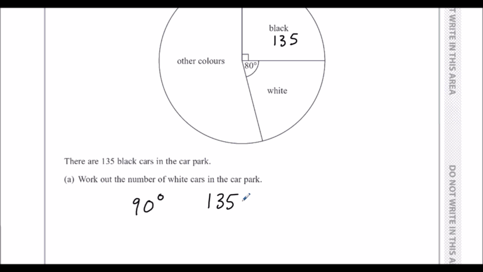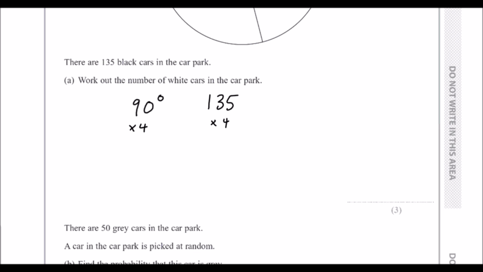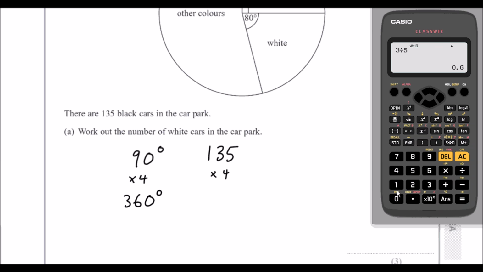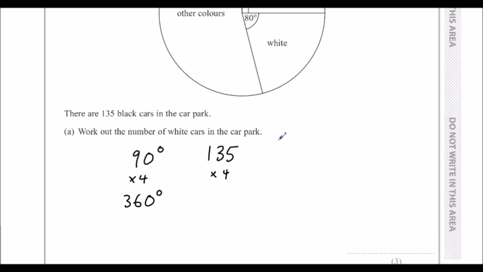We could work out the total number of cars. If this is a quarter, we could times it by 4 to get the total. So 360 degrees, the total is 135 times 4. So in total, there are 540 cars.